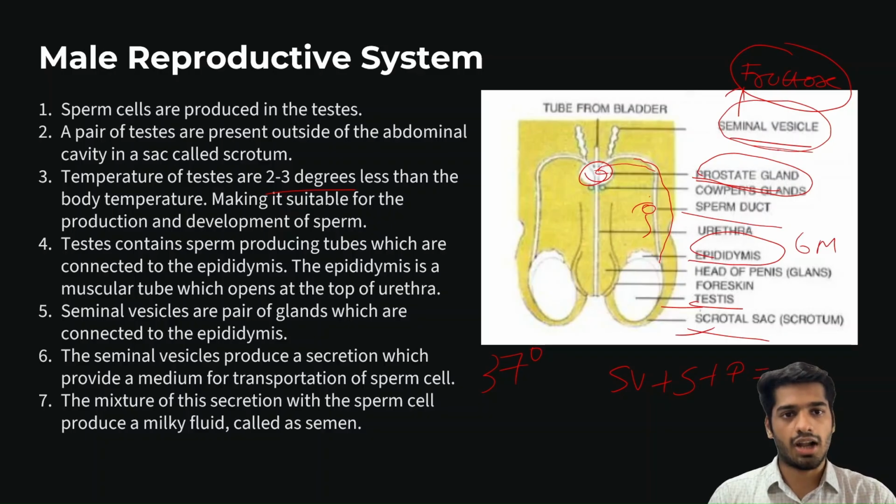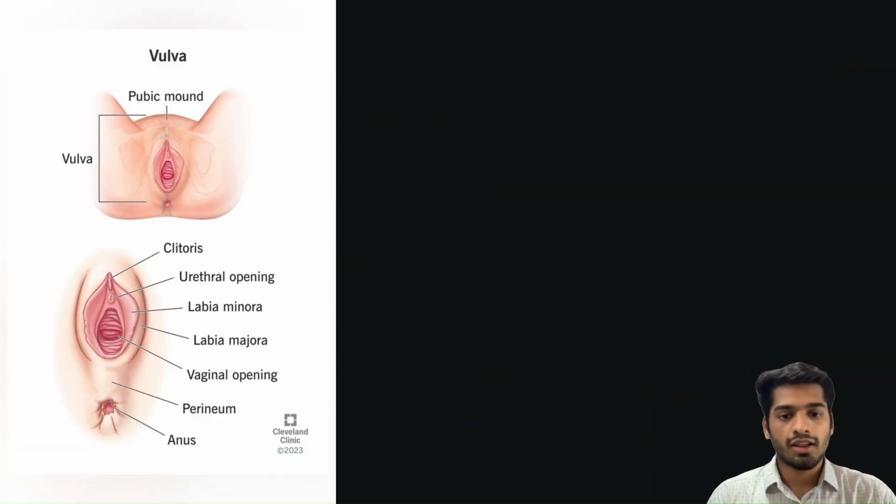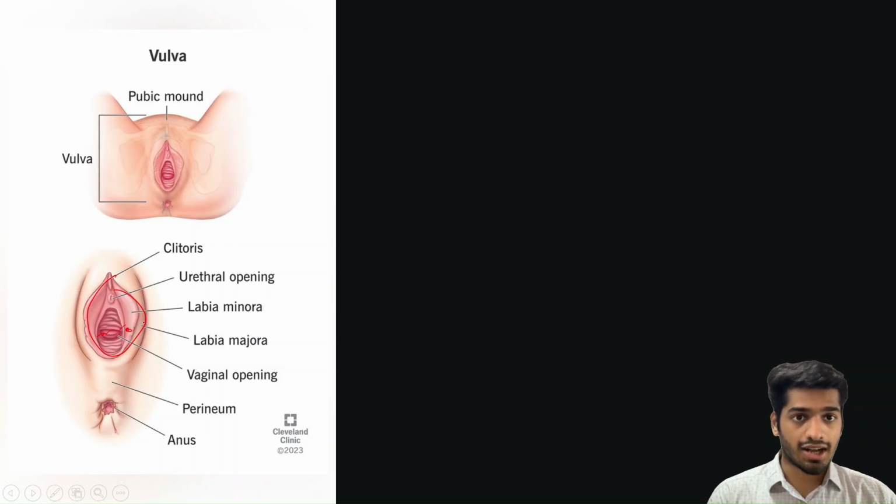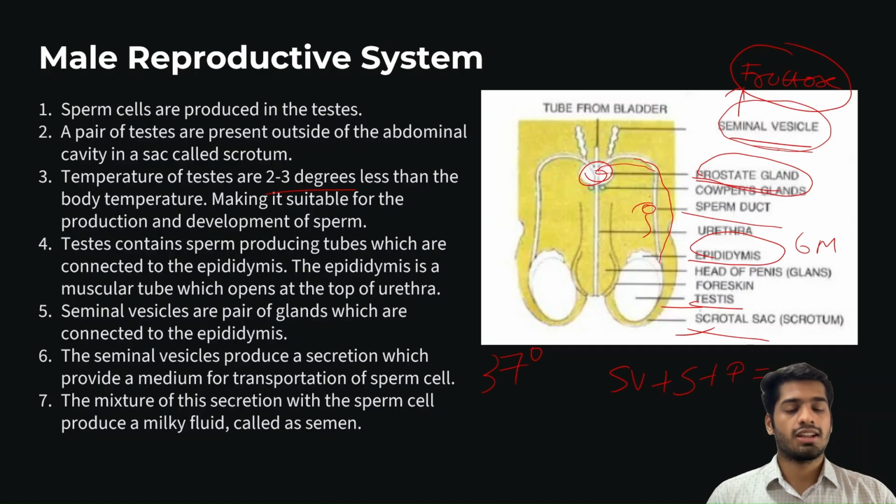A similar gland is also present in females. I'll show it to you. In females, inside your vulva, there is a structure known as the Bartholin's gland. So in females the Bartholin's gland, and in males the Cowper's gland, both have the same function, that is to secrete lubrication.